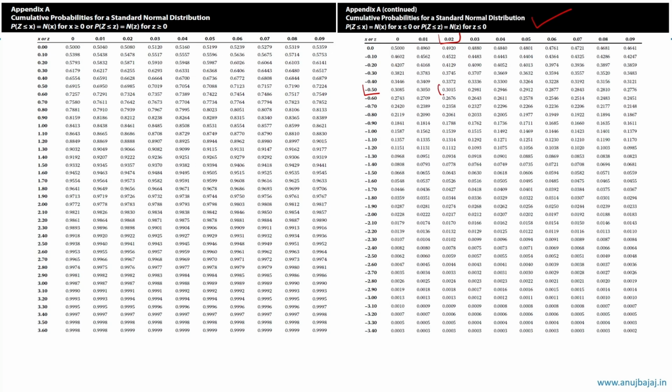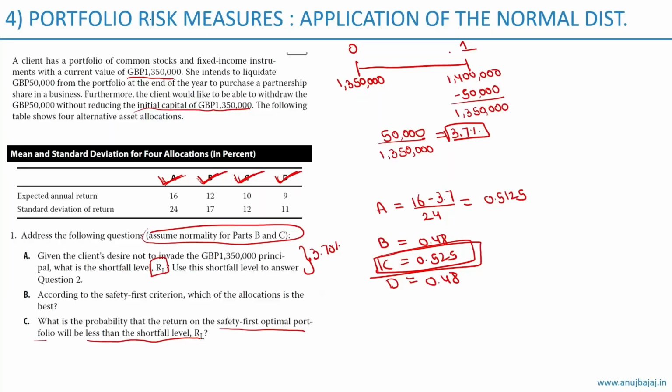We can see that there is a 30.15% probability that the return could be below 0.52 standard deviation. So the probability that the return on the safety first optimal portfolio is less than the shortfall level is 30.15%.